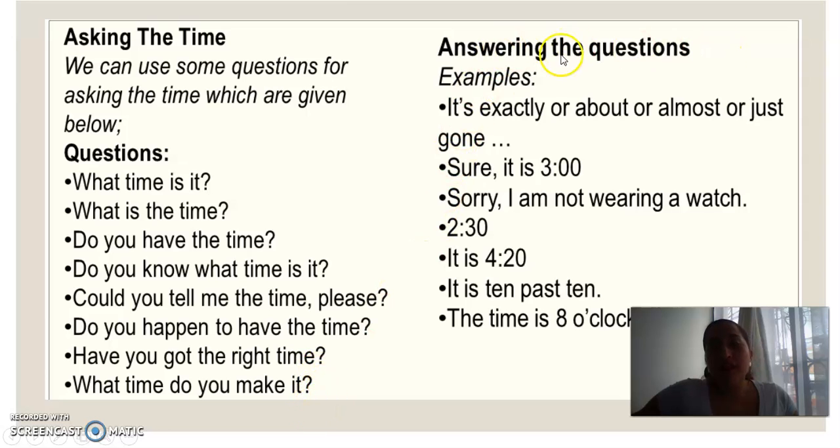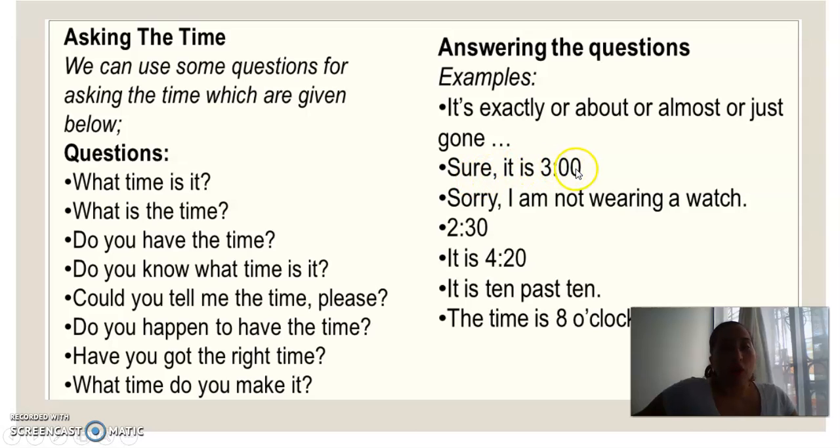And the corresponding answers, you can give these types of answers. It is exactly 8 o'clock. It is about 5:30. It is almost, when you are not sure, it is almost 10 to 10, or just gone a quarter past 3, for example.